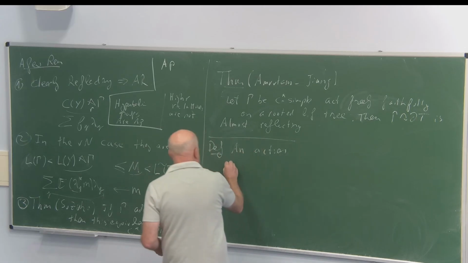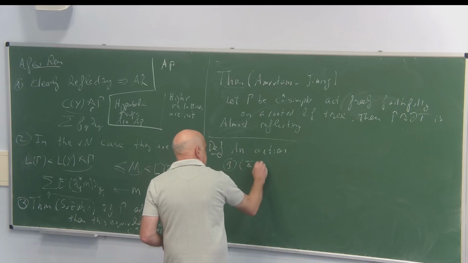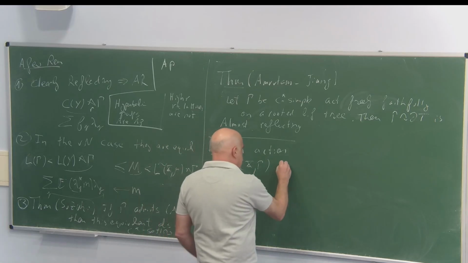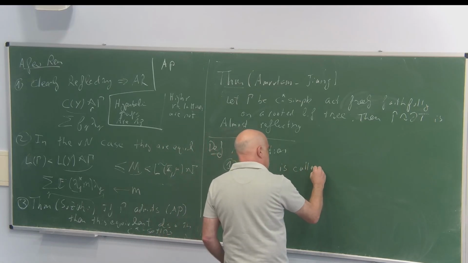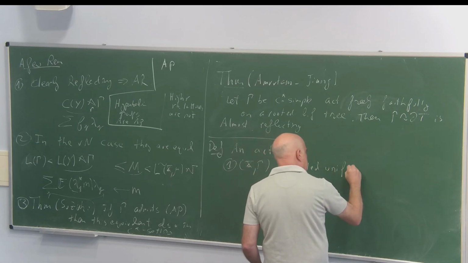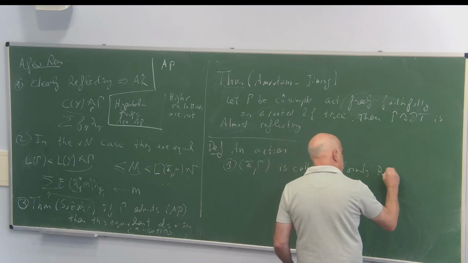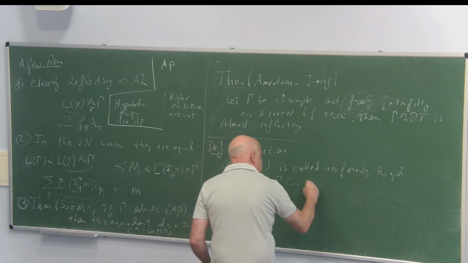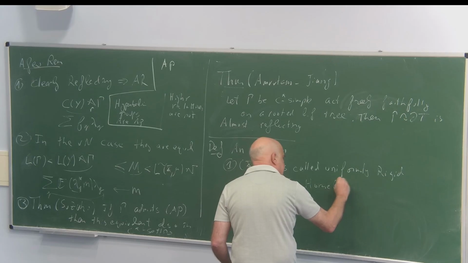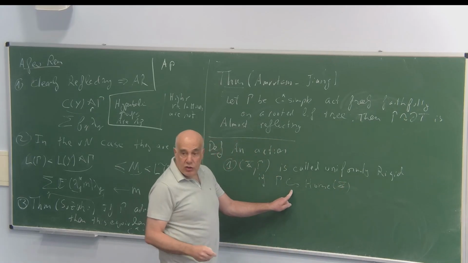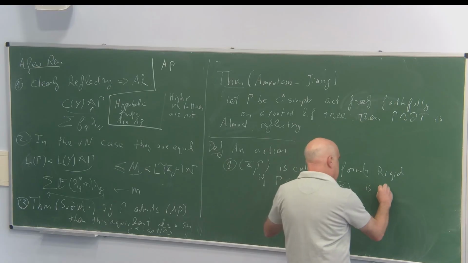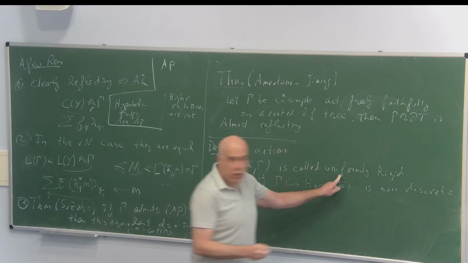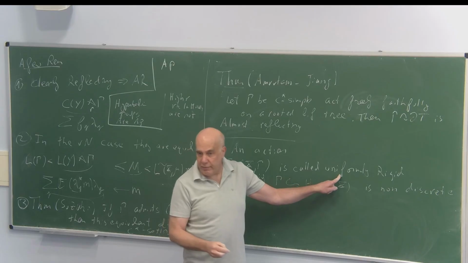So an action X gamma, this is a topological dynamical system, is called rigid, uniformly rigid, if the image of gamma in the homeomorphisms of X is non-discrete in the uniform convergence topology, this is where the uniform comes from.